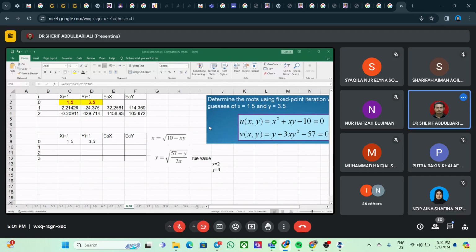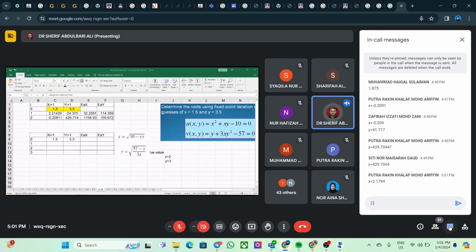Okay, so did you get the answer? You can write in the chat box what's the sequence of the value of x. This is the first iteration, yes, 2.17.